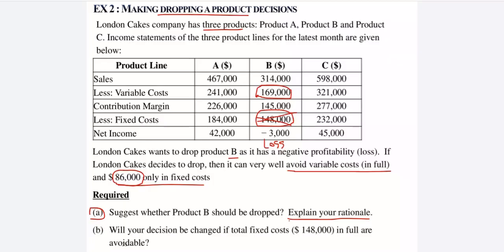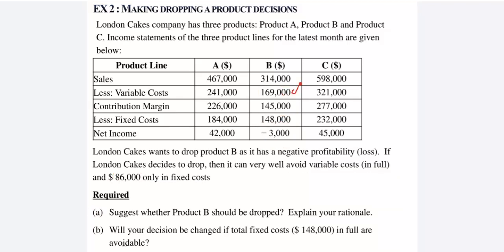Accordingly, نمرة ايه هي الافويدبل كوست؟ كل الفاريبل كوست are avoidable cost، وكمان قد ايه من الفيكسد كوست avoidable؟ $86,000.